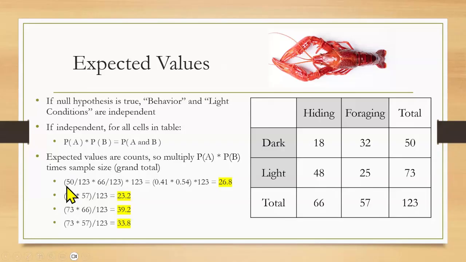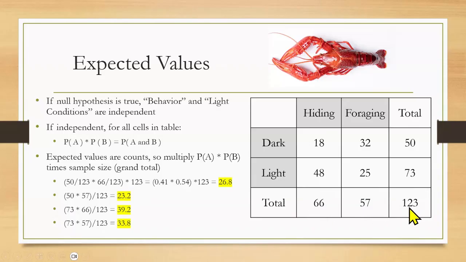I'll start with the same one that we've already done: probability of dark and hiding. Probability of dark is going to be 50 out of 123, just like we've calculated before. And the probability of hiding is going to be 66 out of 123.